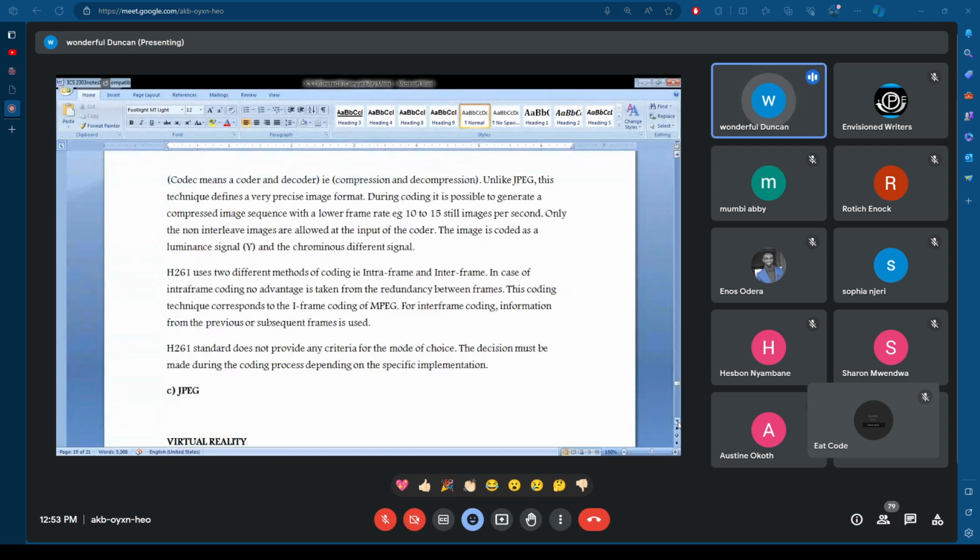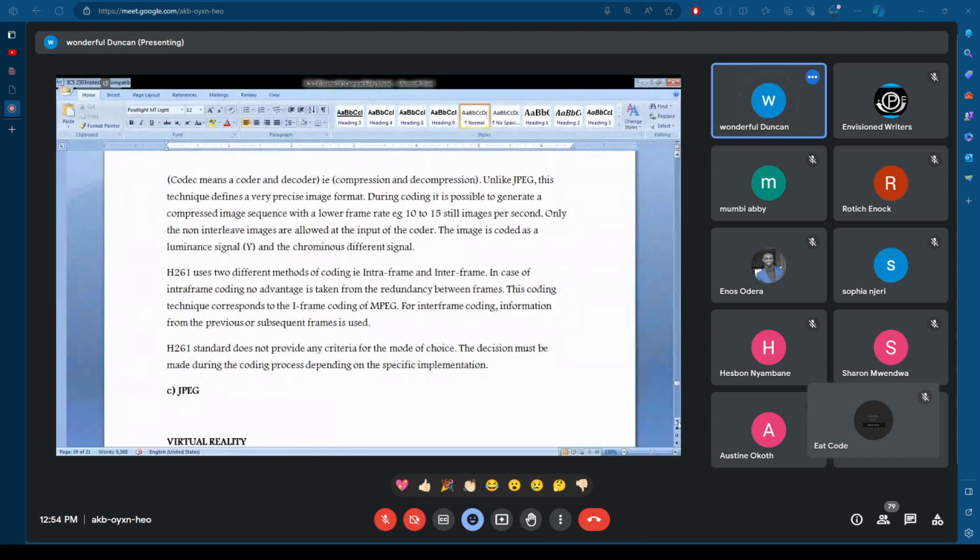This coding technique corresponds to the I-frame coding of MPEG.